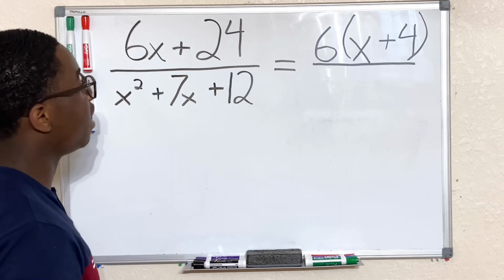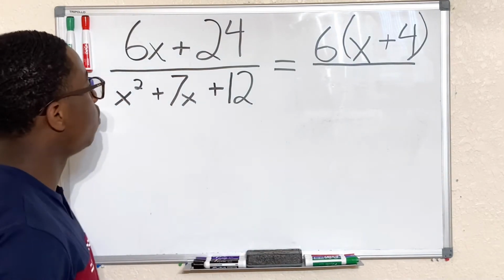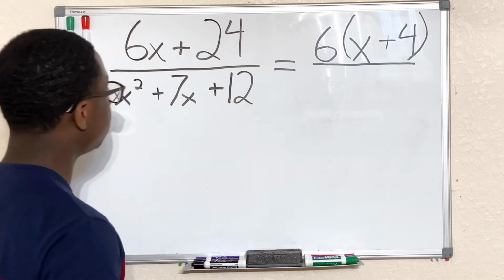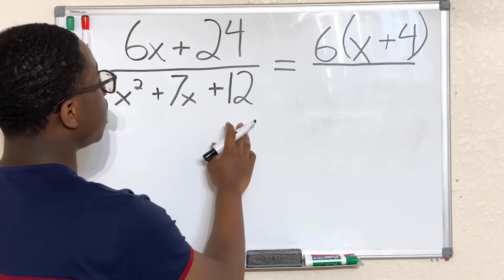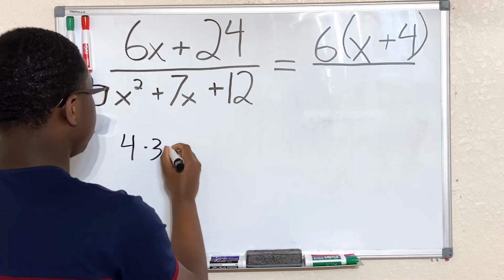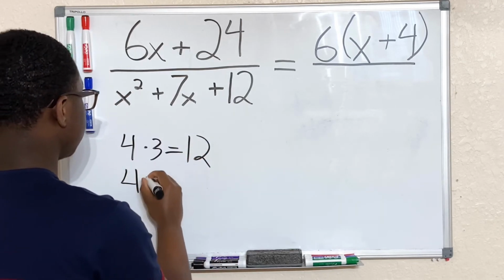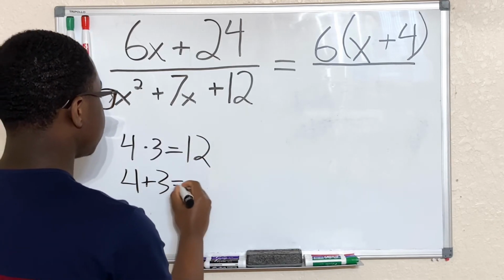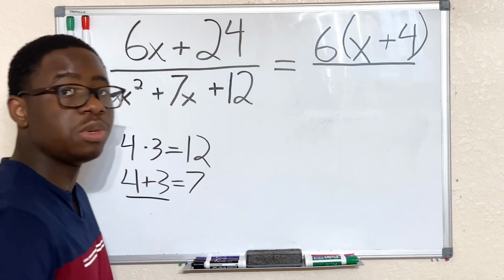We have 6 and 2, but those don't add up to 7. We have 12 and 1, but those don't add up to 7. We have 4 and 3. 4 times 3 gives us 12, and 4 plus 3 gives us 7. Yes, it does. So 4 and 3 are our numbers.